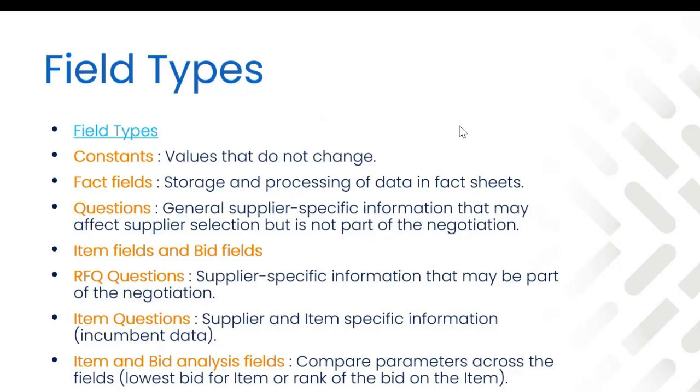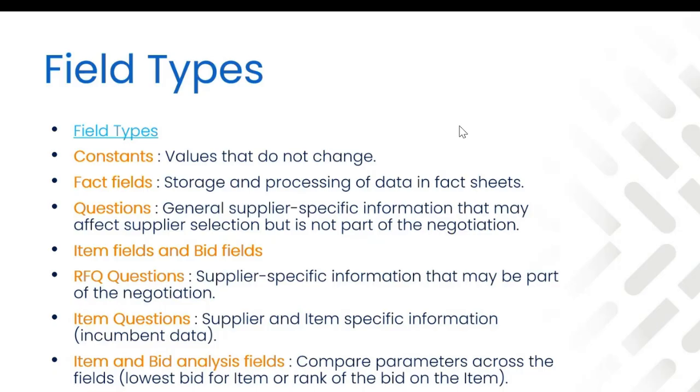There are some special fields called analysis fields, which are used to do comparisons between all the information in the related table. So if I'm talking about item analysis fields, for example, I can compare the information of all the items. The same way for bid fields. An example of a bid analysis field is a ranking. I can do a rank of all my bids on a single item.